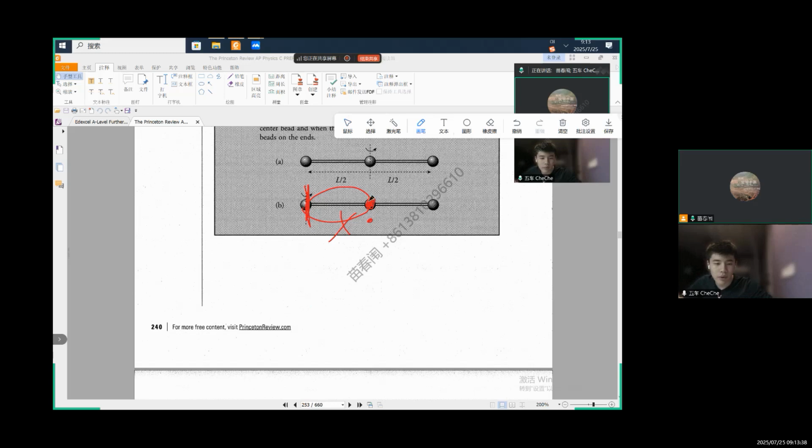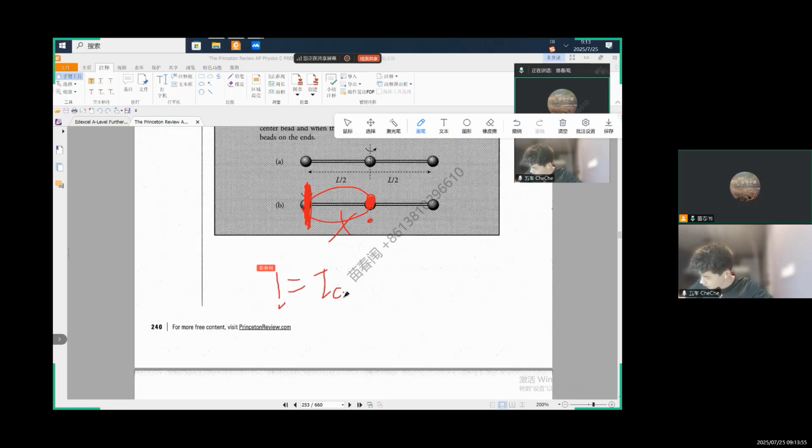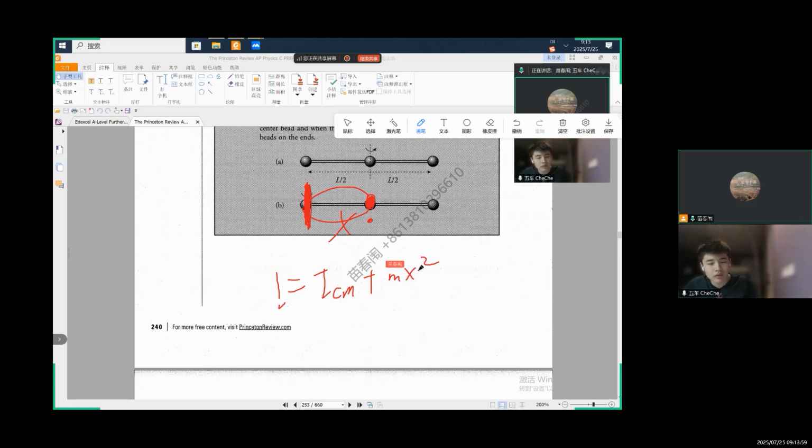Okay, so from the point we're looking at to the next point, right? No, from the starting point to the point. Yeah, from the original center to the new axis or new pivot that you rotate. So that's I equals I_CM plus M x squared. Wait, why is the pivot changing again?